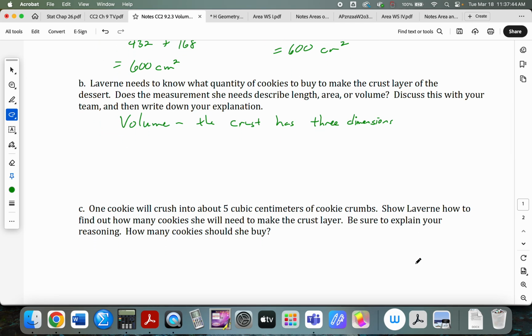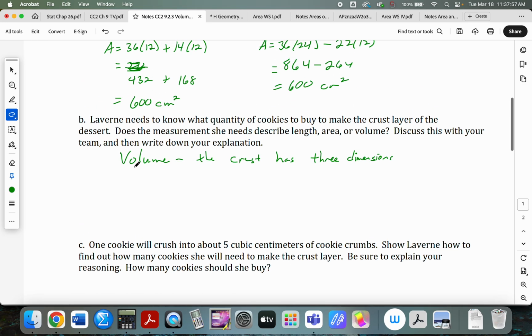So one cookie will crush into about 5 cubic centimeters of cookie crumbs. So let's go ahead and find the volume of the cookies.